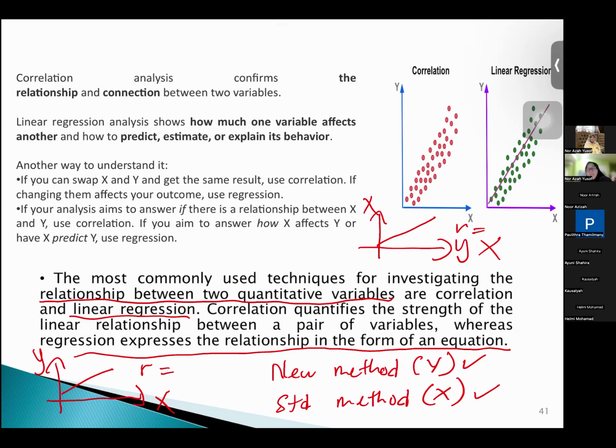So until now, as chemists, we do correlation, okay? Probably somebody who works with biological samples or plants has a lot of parameters to be studied at one time, so probably they do regression.